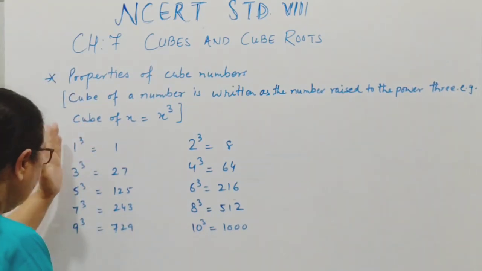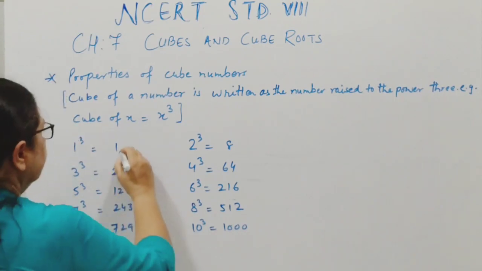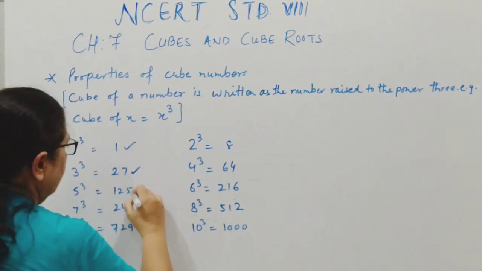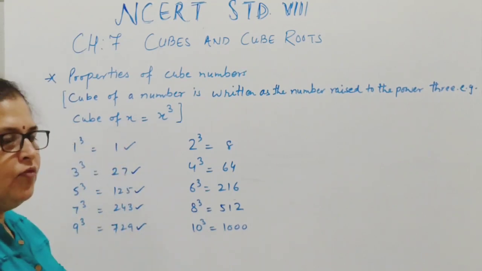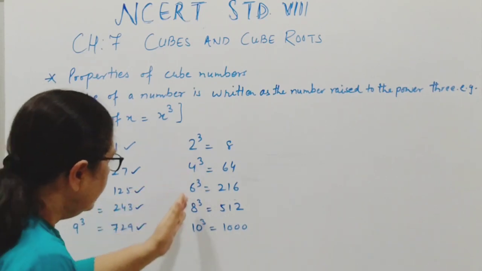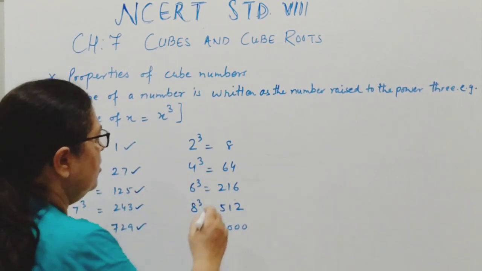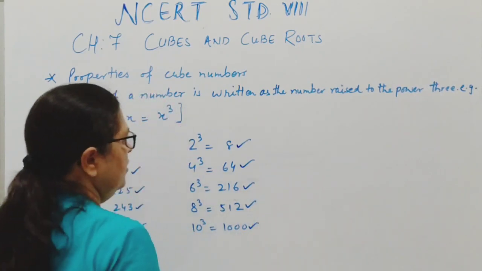See, you observe here on this side all the odd numbers are written, and just see here, all the cubes of odd numbers are odd numbers only, and here all the even numbers are written and all the cubes of even numbers are even.